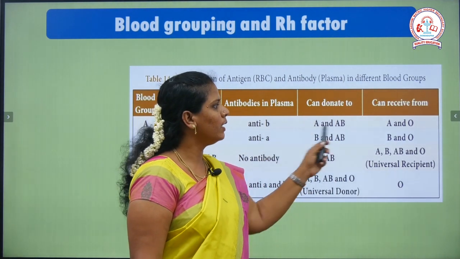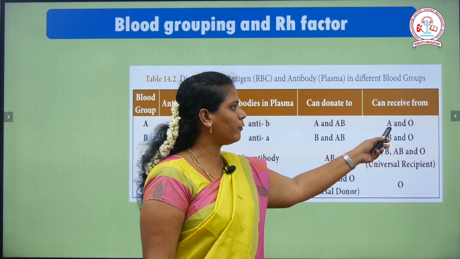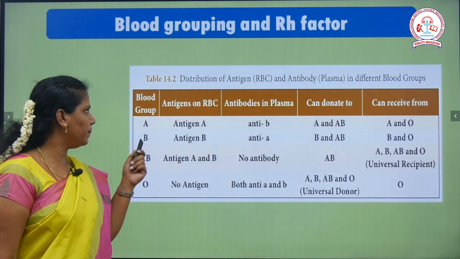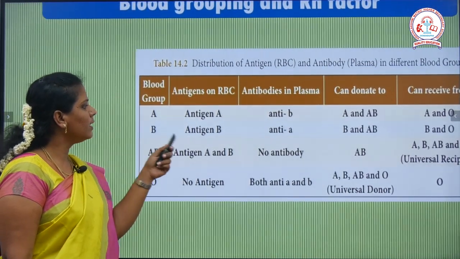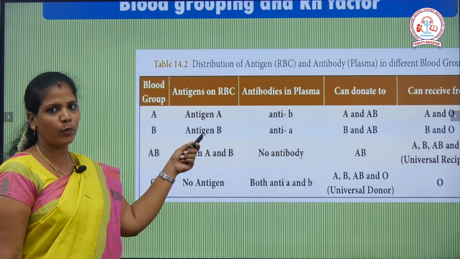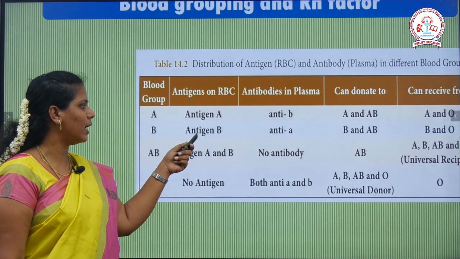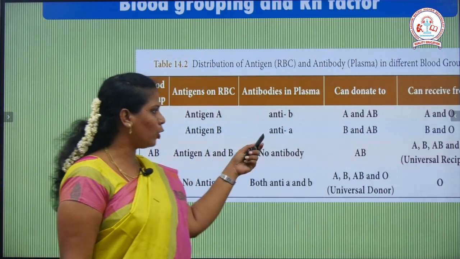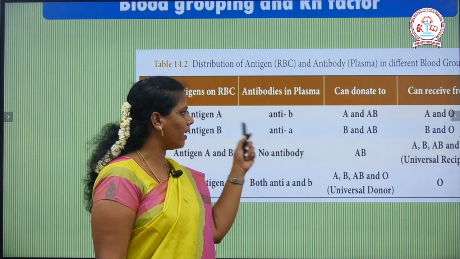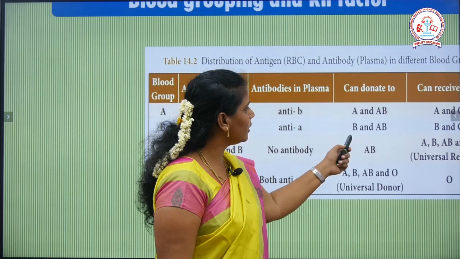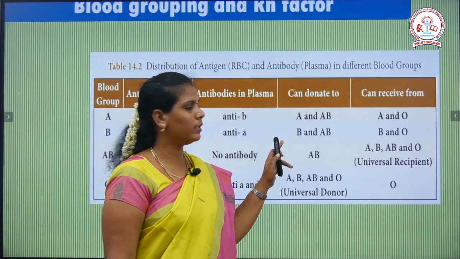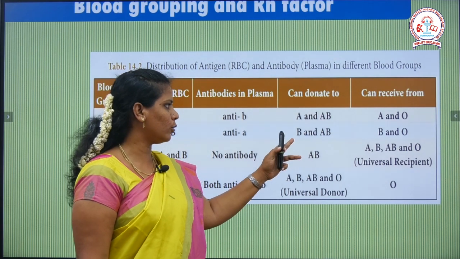So A group has antigen A and antibody B, and B group individual has antigen B and anti-A antibodies, and AB blood group individuals have antigens A and B both on the surface of the RBCs and antibodies are absent in the plasma. In case of O blood group, antigens A and B both will be absent on the surface, but the related antibodies will be present.